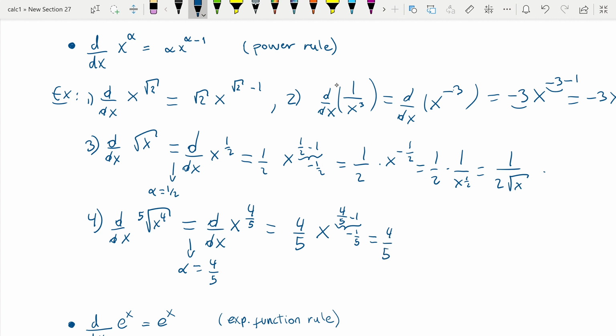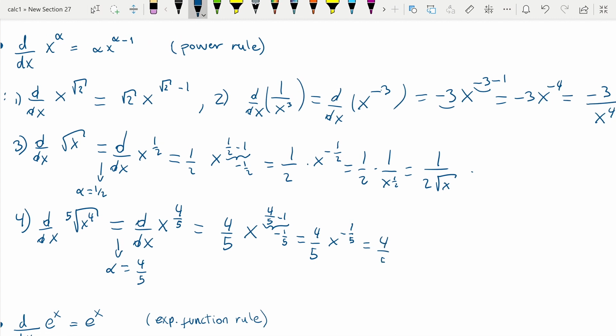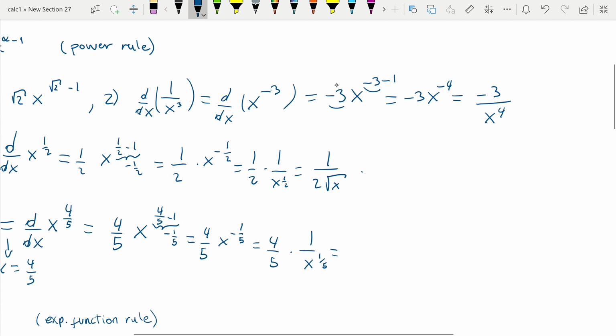Four over 5 times x to the minus 1 over 5. But this is a negative power, so this becomes 1 over x to the 1 over 5. If you want to simplify things even more, this becomes 4 over 5 times the fifth root of x, not to confuse it with this 5.